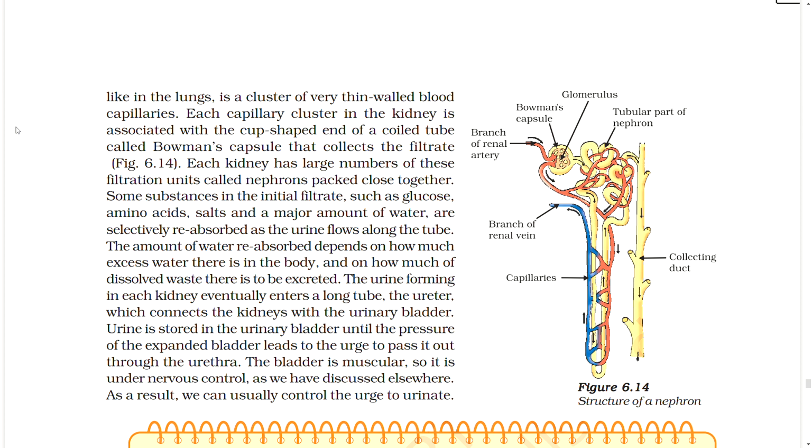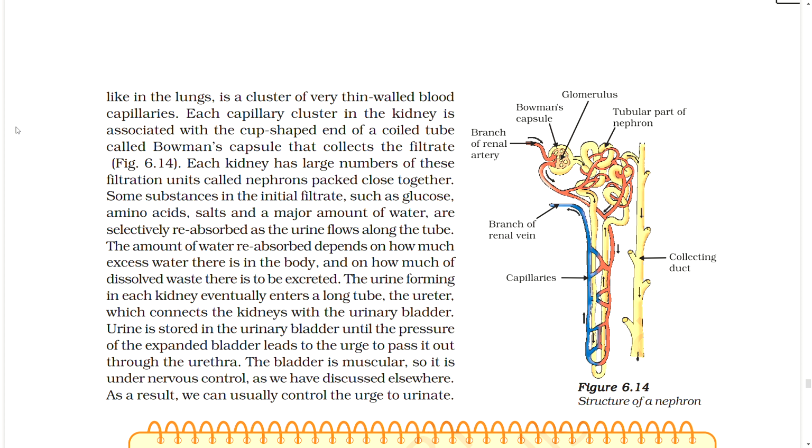Some substances in the initial filtrate, such as glucose, amino acids, salts and a major amount of water, are selectively reabsorbed as the urine flows along the tube. The amount of water reabsorbed depends on how much excess water there is in the body and on how much dissolved waste there is to be excreted.